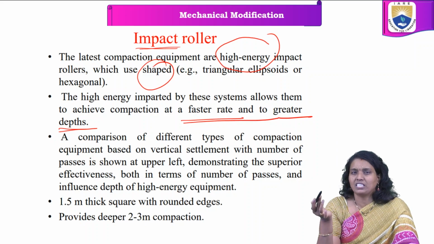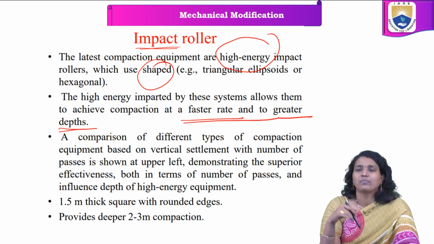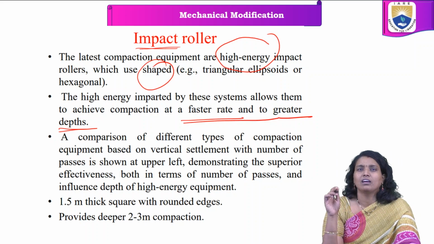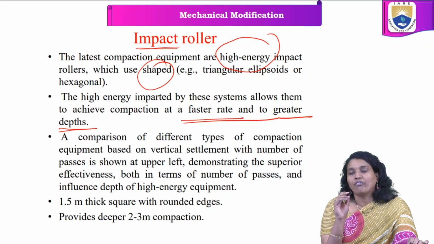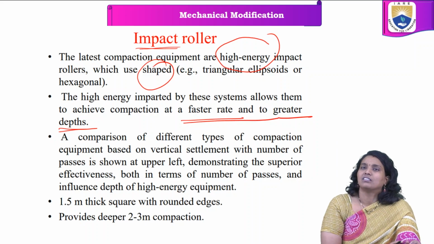These are the major parameters, and some secondary parameters also influence the compaction level of the roller. These are all the various parameters we consider to understand the suitability of which type of equipment, which type of vibrator or roller, we are going to select for the required work.